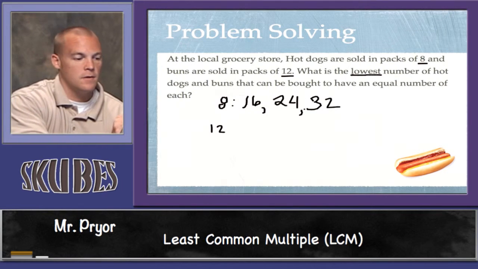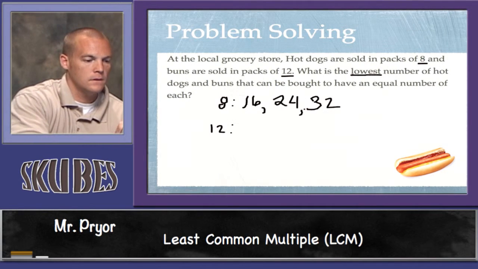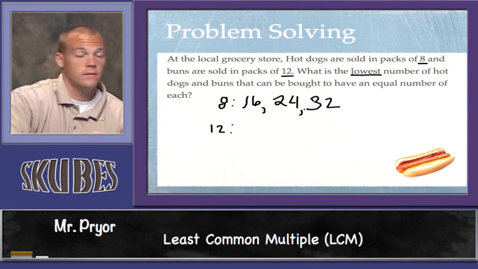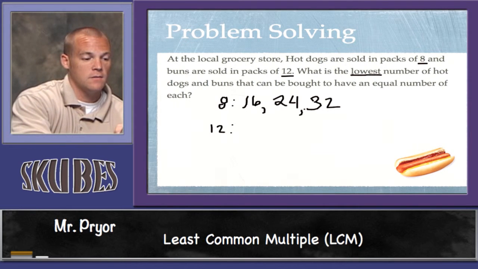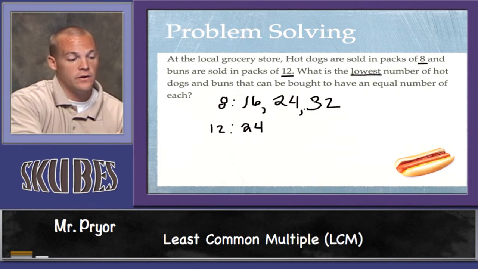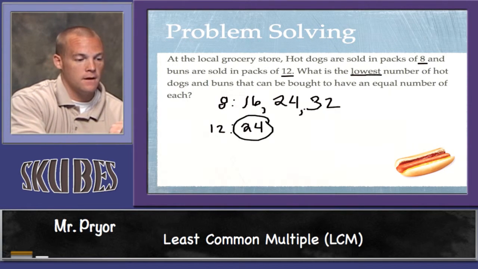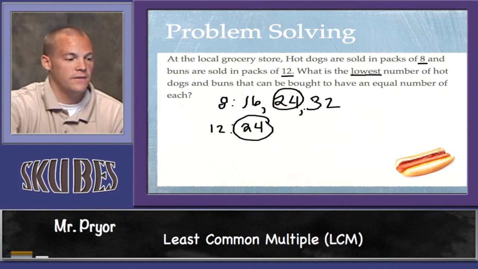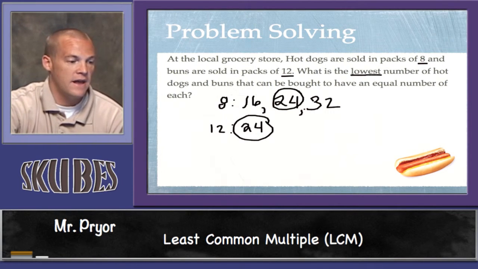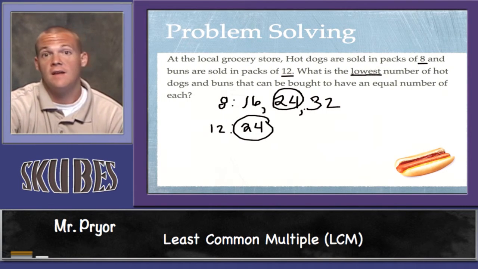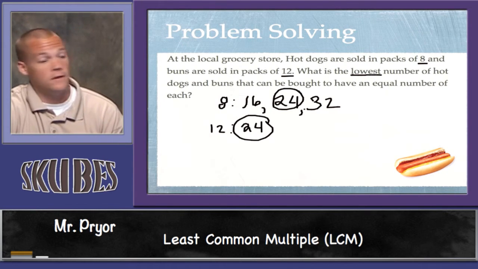So I'm going to stop there for a moment. And we're going to go to 12. And you notice right away, once you do the second multiple of 12, which is 24, that we get the answer, which we should have already known from the last example, of 24. So what that means is that is the lowest number of hot dogs and buns that can be bought so that you don't have anything left over. No extra hot dogs, no extra buns.